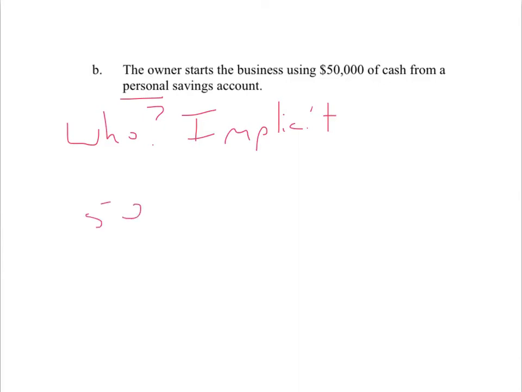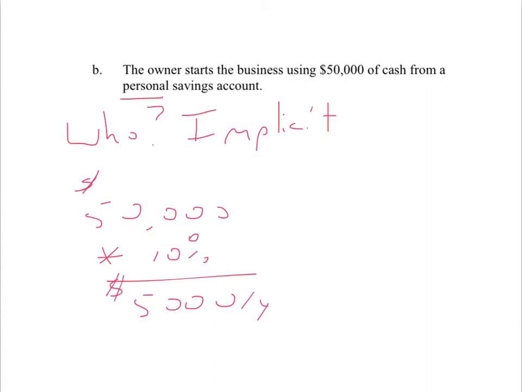So we have $50,000 that could have earned 10%, and that's $5,000 per year that we're giving up, that we are sacrificing by using this money in the business. So this is an implicit cost of $5,000 per year.